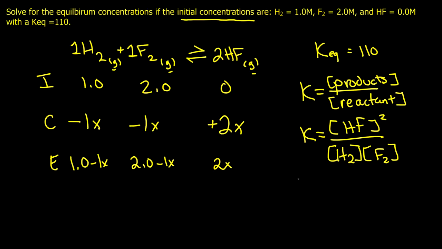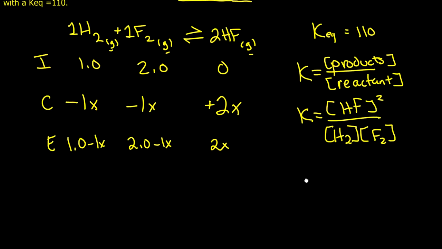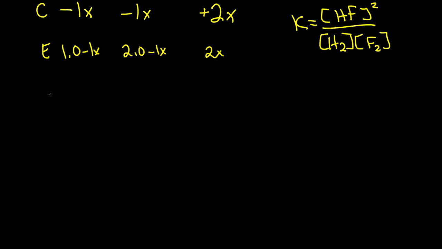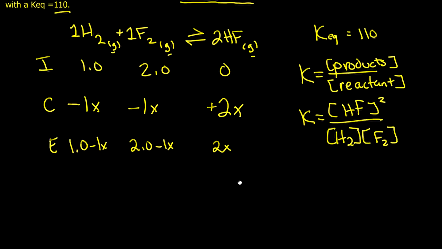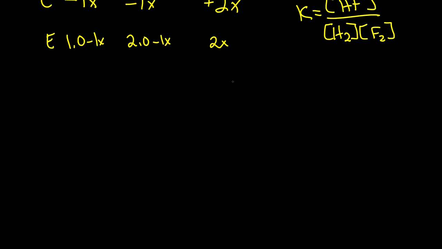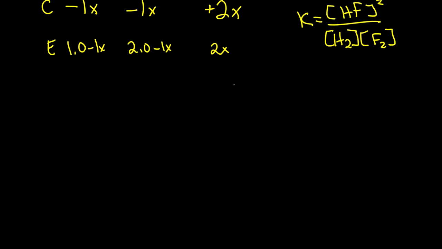Now all we've got to do is take the equations at equilibrium and plug them into our formula. Let me scroll down a little bit so I've got room to work. K equals, now K, we have a value for it. The problem said K eq is 110. So we're going to plug 110 in for K. So 110 equals the concentration of HF.